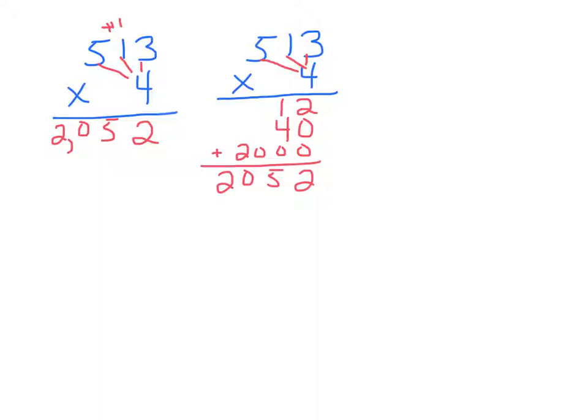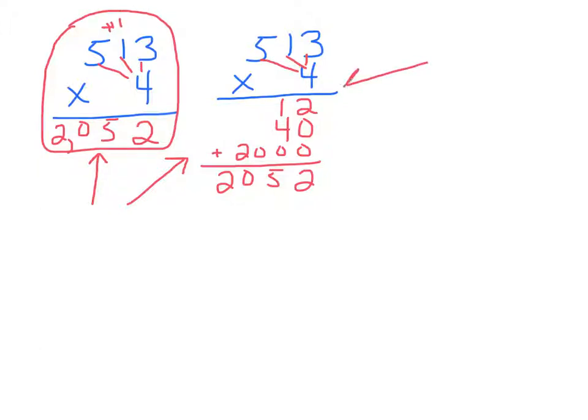Now, I know many people might argue, why in the world would we even think about doing the problem this way when it's so easy to do the problem that particular way? Well, I would agree. If you know the algorithm, that certainly might be an easier way to go. But this way of doing the problem is really the distributive property.